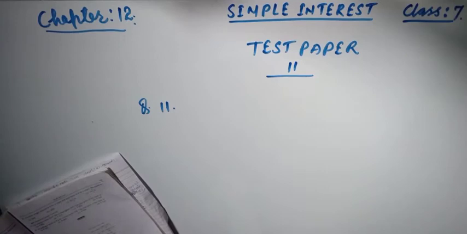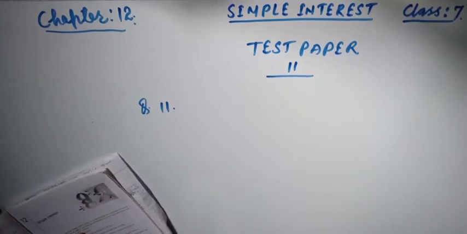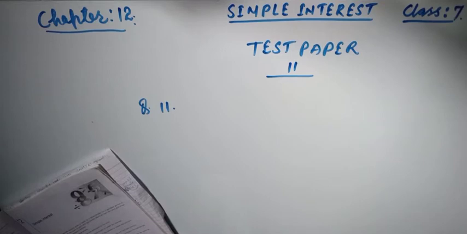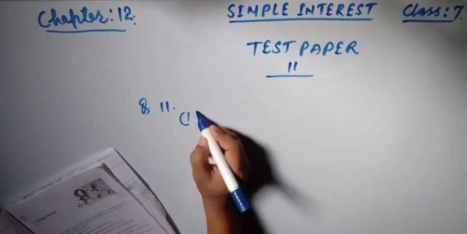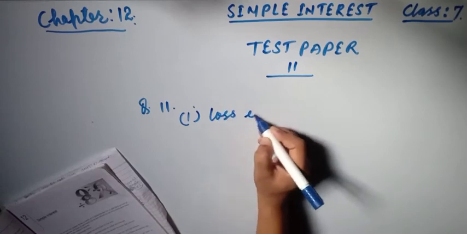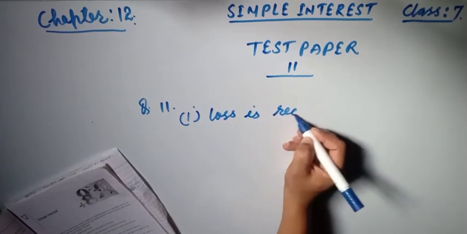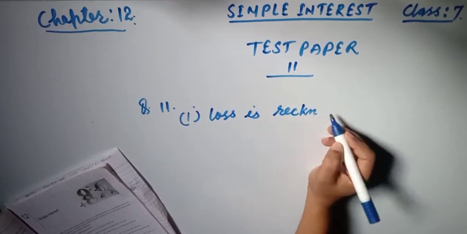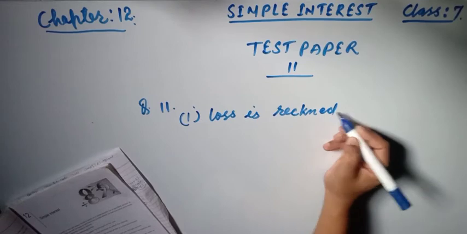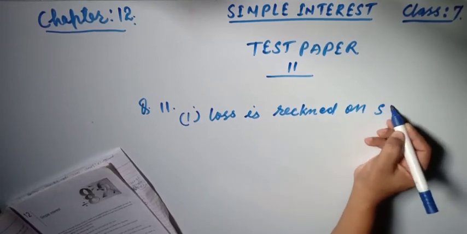So first see the question number 11 of test paper 11, D group. Write true or false, friends, for each of the following. So first, friends, it says: loss is reckoned on selling price SP.